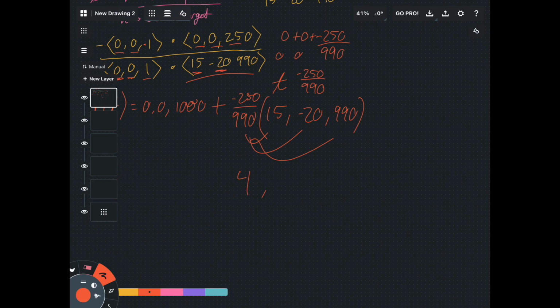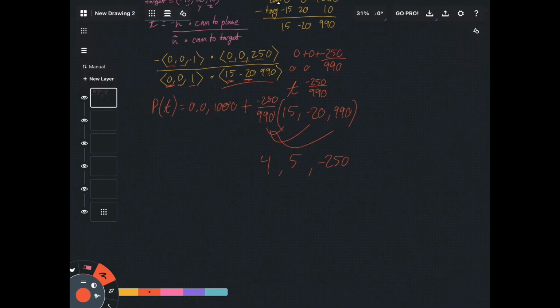We're going to do negative 250 times negative 20, which is going to give us positive 5,000 divided by 990, and that is going to give us 5.0505, and that's fine, because we're going to round that to 5. And then for our z, it's going to be minus 250 times 990 divided by 990, so that's just going to be minus 250. Sweet, easy peasy.